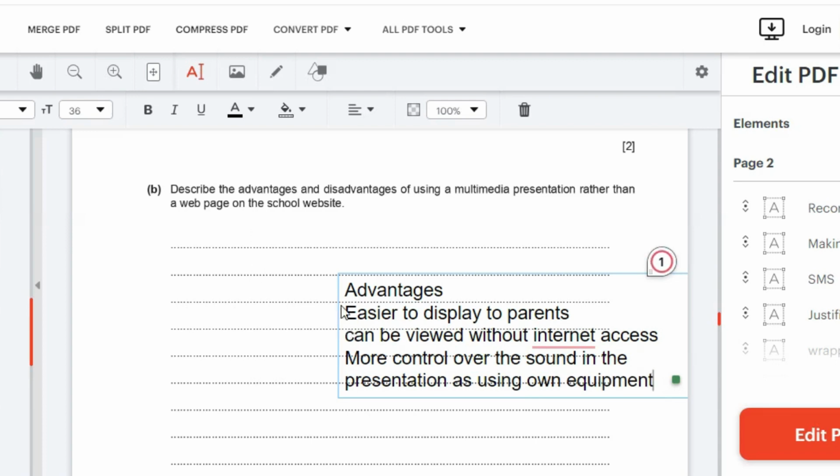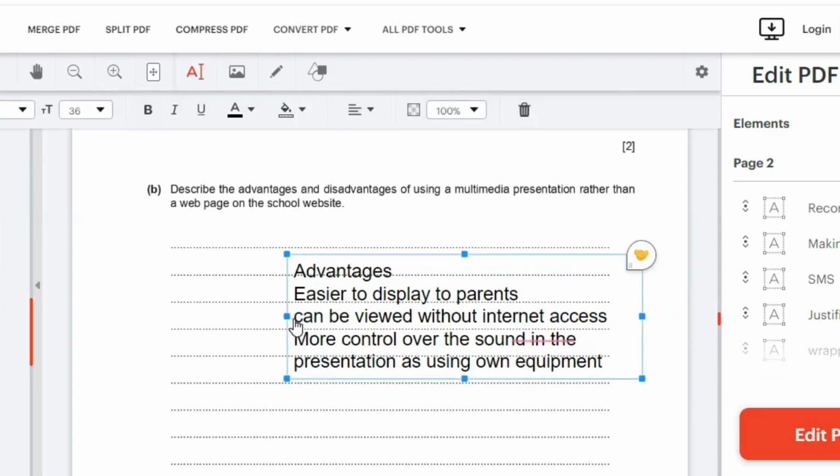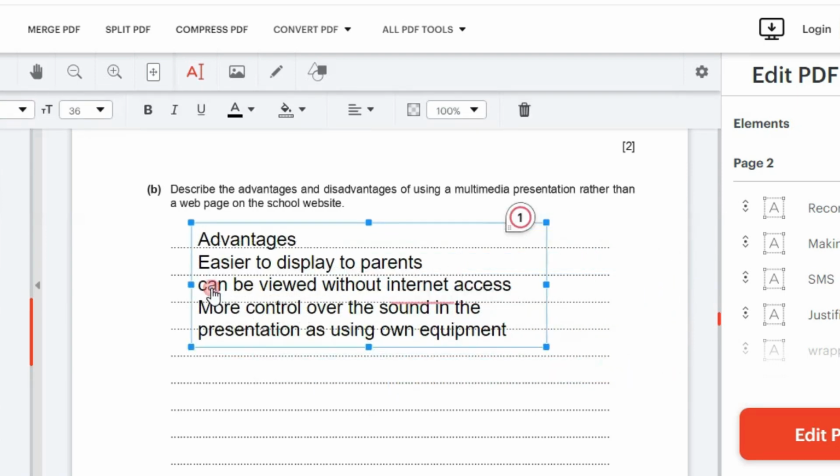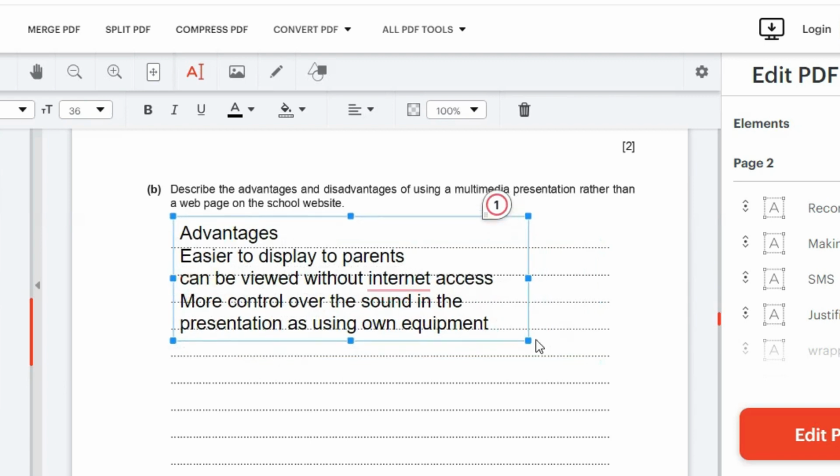All right. So these are the advantages of using multimedia rather than a web page.